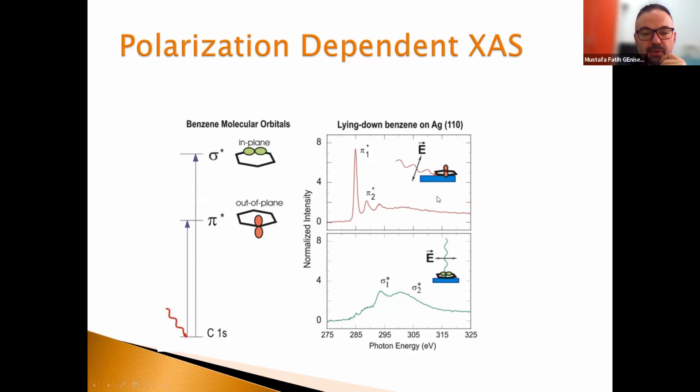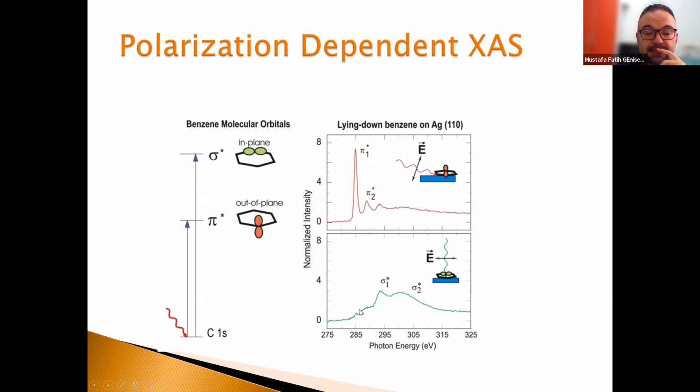And when you compare the angle of the beam with respect to these orbitals, if it does not interact with the pi orbitals, you cannot see the pi orbitals. As you see here, the polarized photons are coming perpendicular to the surface, and for this electronic transition, the electric field does not interact with the pi orbitals.